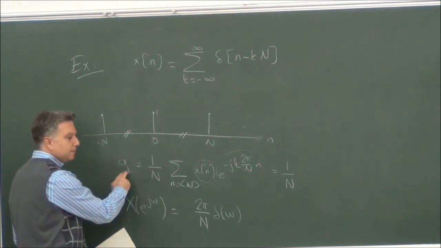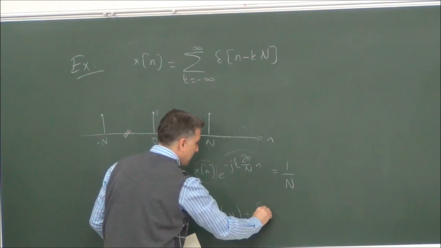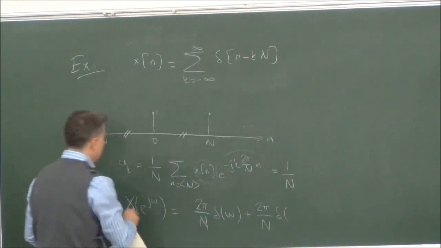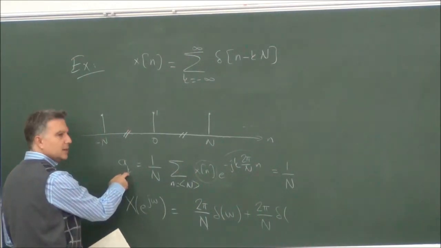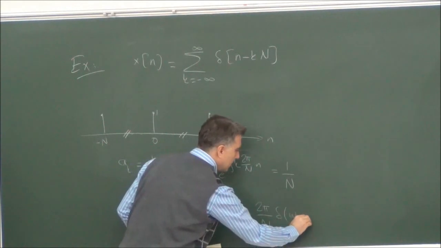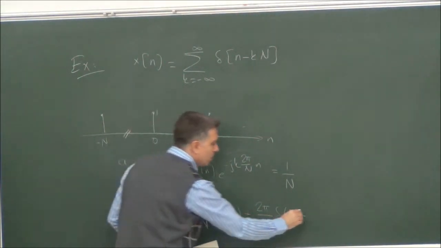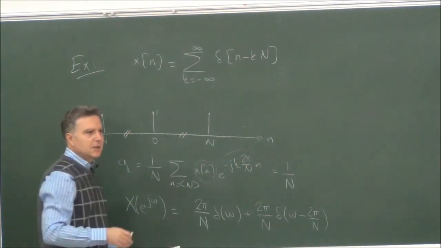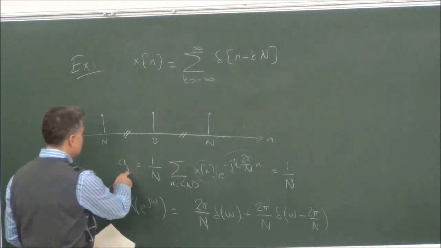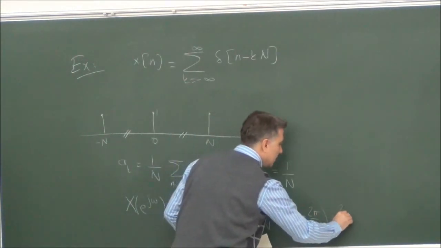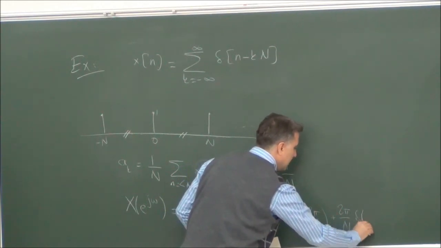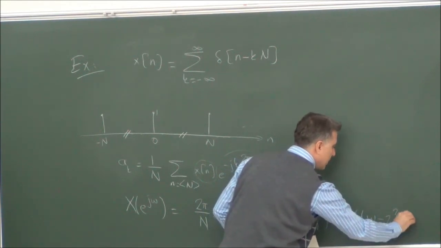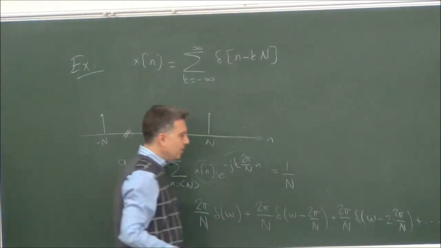When k is equal to 1, it's again 2 pi over capital N times delta, and where is the frequency of that? It is at omega 0, or 2 pi over capital N, whatever. That is omega 0 anyway. Then for k equal to 2, it's again 2 pi over capital N times delta(omega minus twice 2 pi over capital N), or 2 omega 0. Plus, etc. For all of them, it's the same.